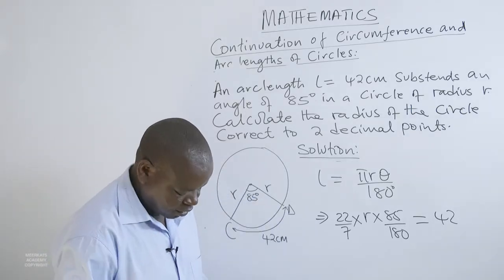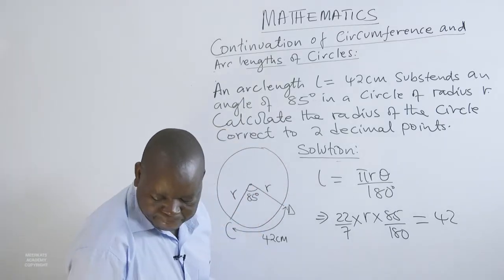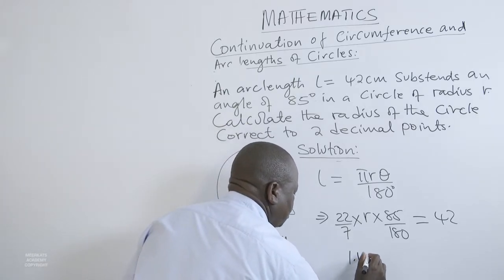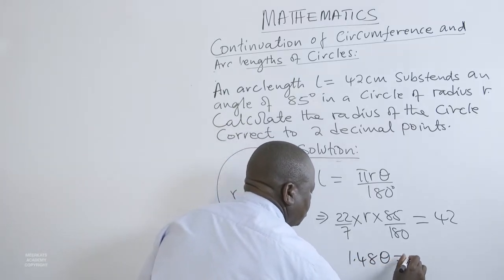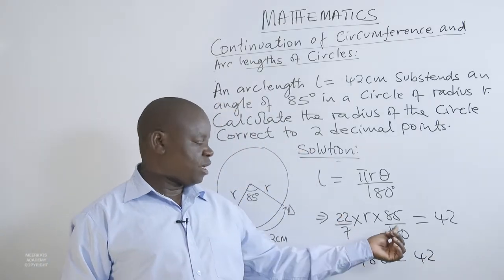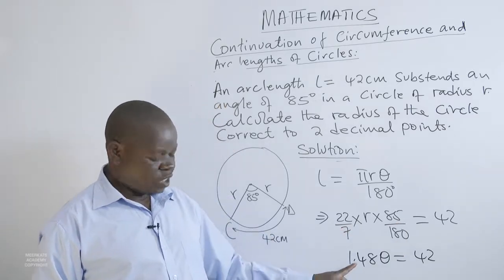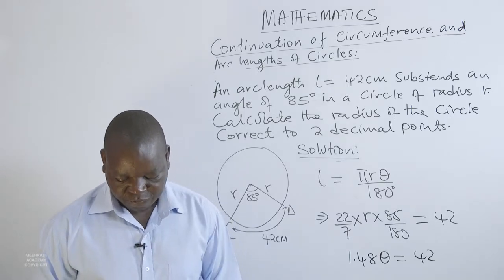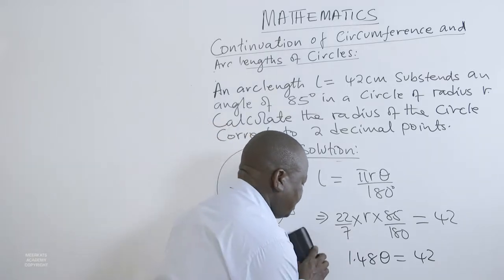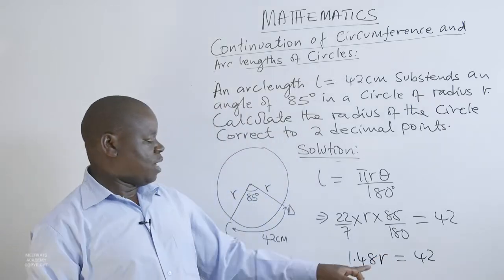So we get, if you multiply 22 by 85, then you divide by 7 times 180, you get approximately 1.48 r.